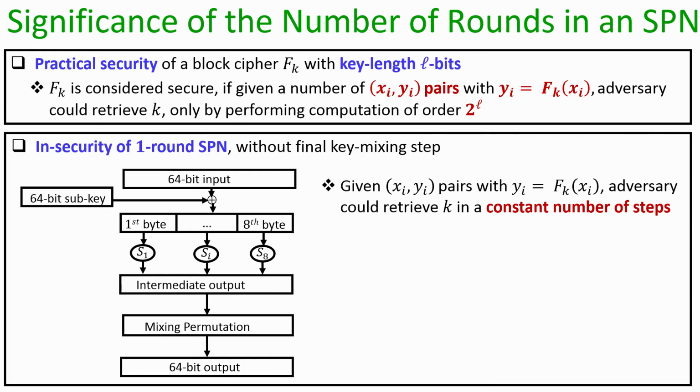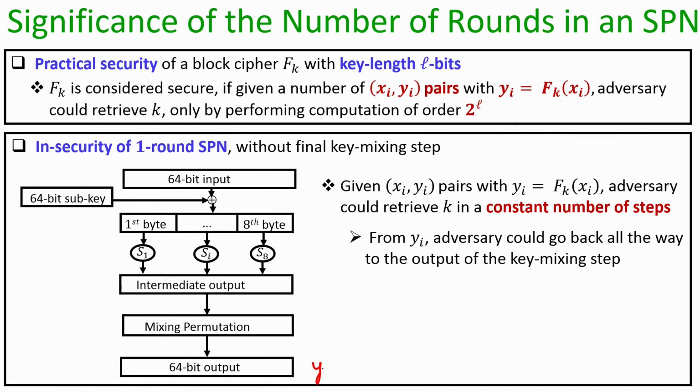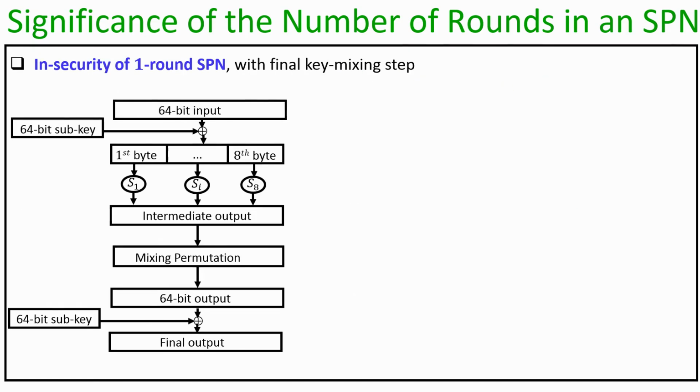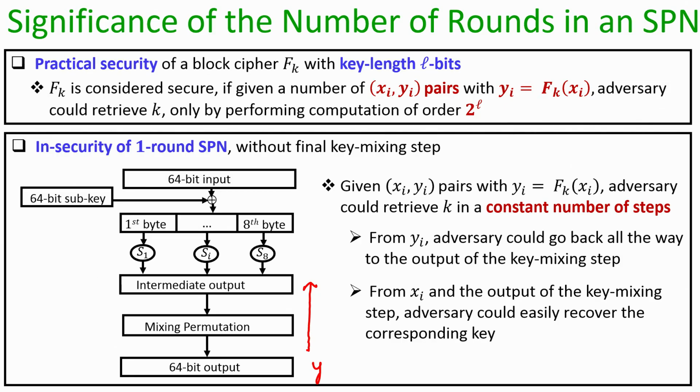Imagine the adversary knows y. From this y it can reverse the effect of the mixing permutation and go back to the intermediate output, namely the output of the substitution step. It knows the description of the S boxes, so it can invert them and go back to the output of the key mixing step, and it knows the x value as well.